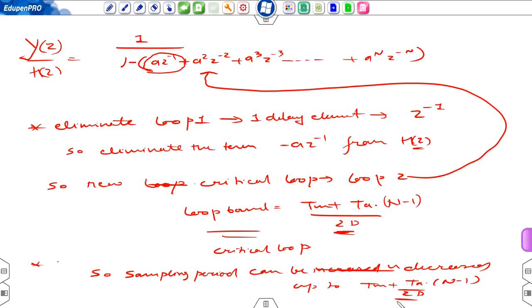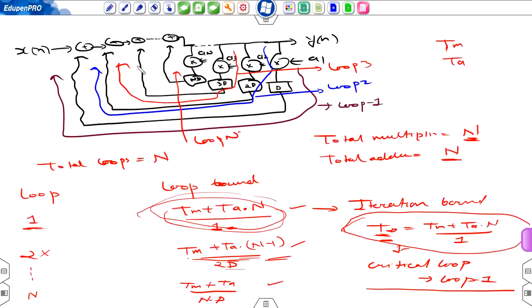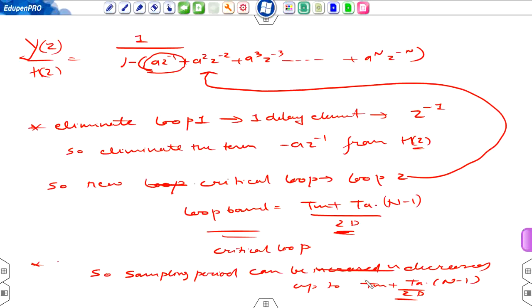Okay, and how can this be achieved? By retiming. Simple. By retiming you can place the delay elements at appropriate places, and you can achieve the sampling period equal to this.